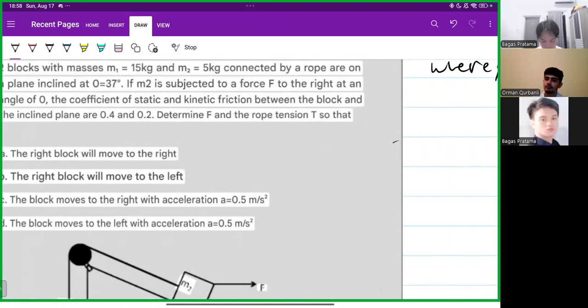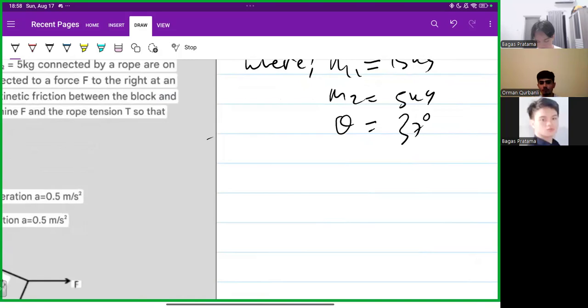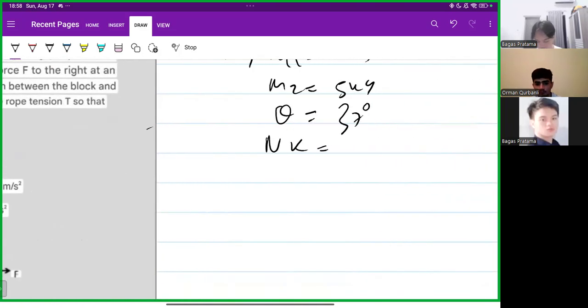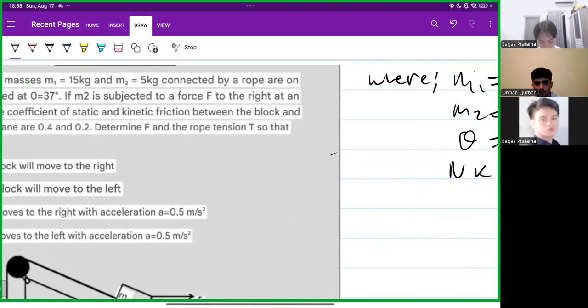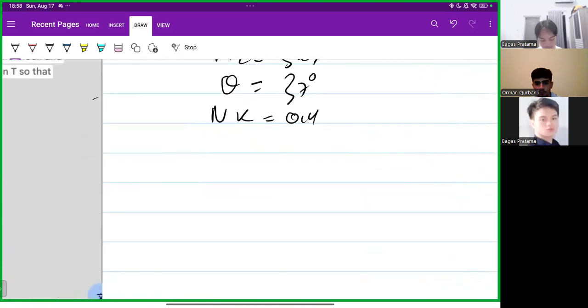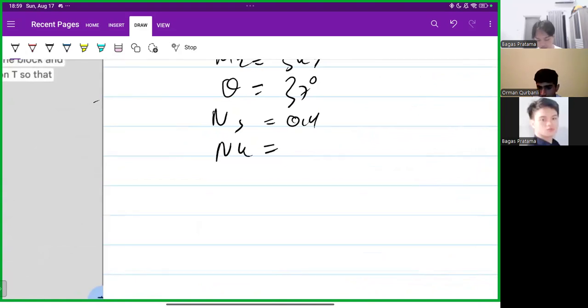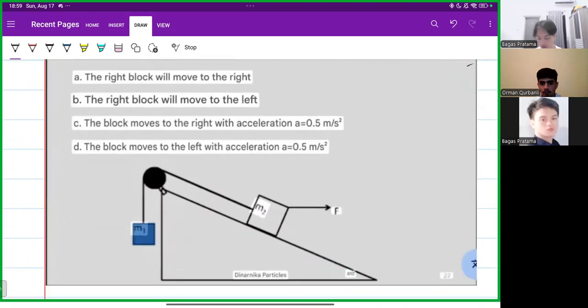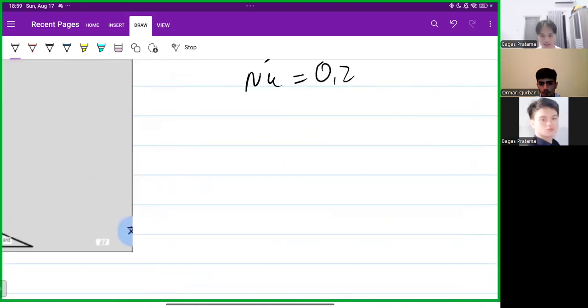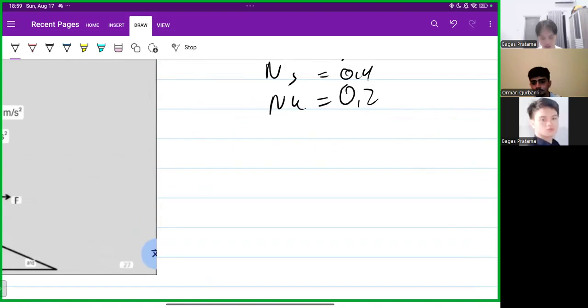As for friction, mu k, friction kinetic is 0.4, and friction, I'm sorry, it should be static first. And mu k stands for the kinetic, so it's 0.2. Oh yeah, mu is dimensionless, which means there's no unit on it.